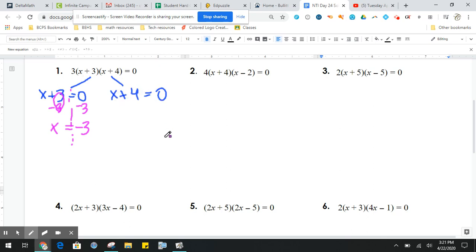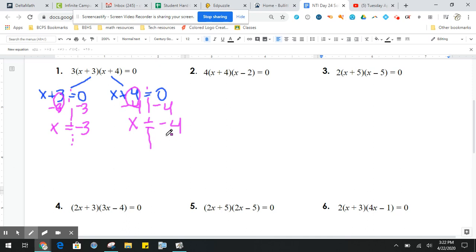X plus 4 equals 0. Same thing, it's a one-step problem. I need to use the inverse operation of plus 4, which would be to subtract 4 on both sides. When I do that, 4 minus 4 is 0, and x plus 0 is x. 0 minus 4 is negative 4.